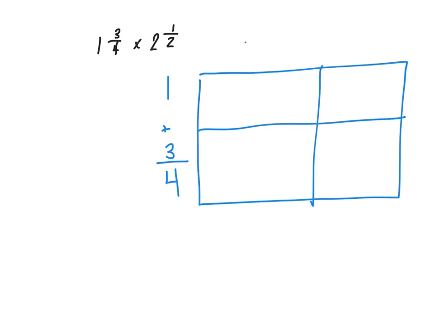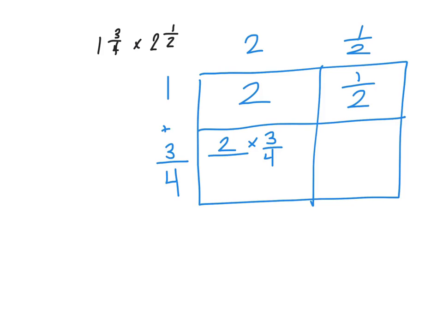You don't win any awards for doing more steps, but this is a method. So 1 times 2 is 2, and 1 times 1/2 is 1/2. 2 times 3/4, I have to write it down to do it.